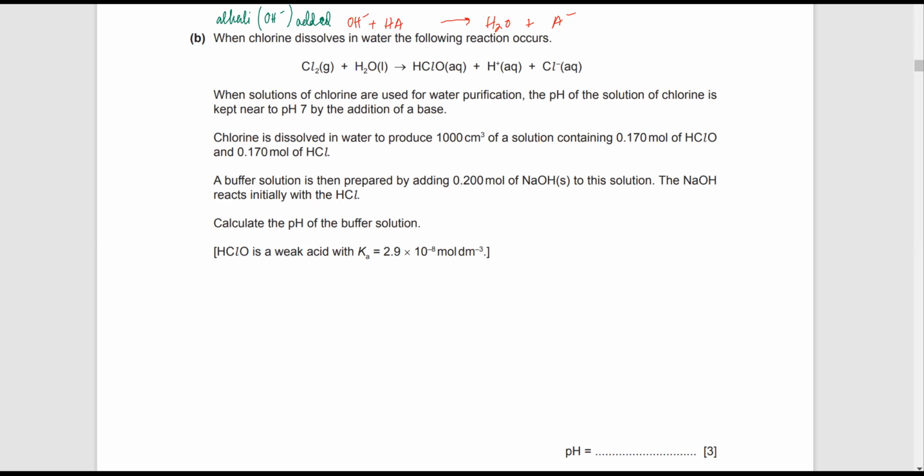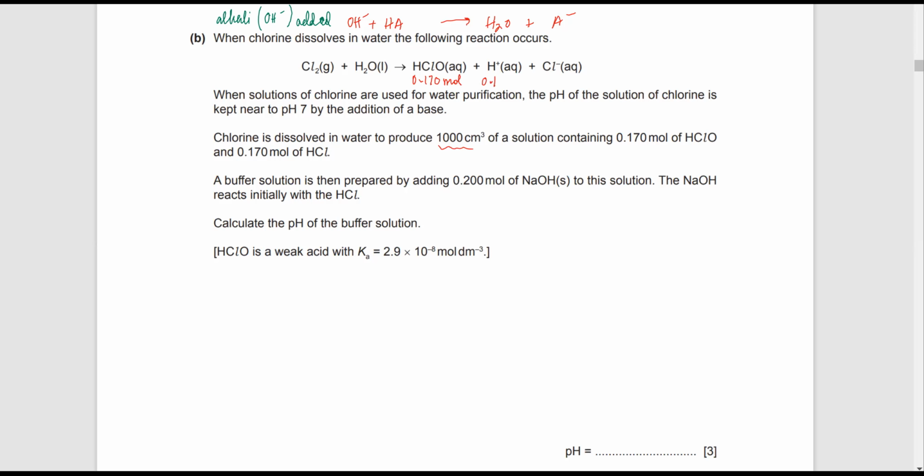Coming back to the question, I'm going to write this. It's a 1000 cm3 solution. The reason they've probably given you 1000 cm3 is because that gives you concentration as well. So this is 0.170 moles. What else is 0.17 moles?